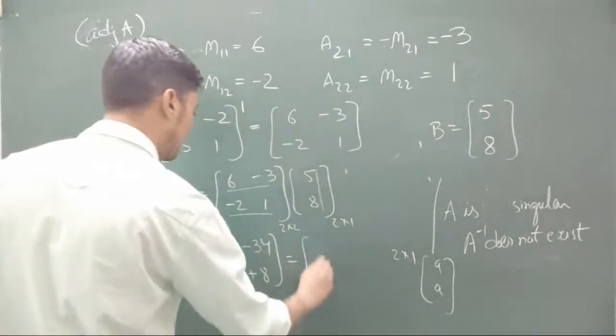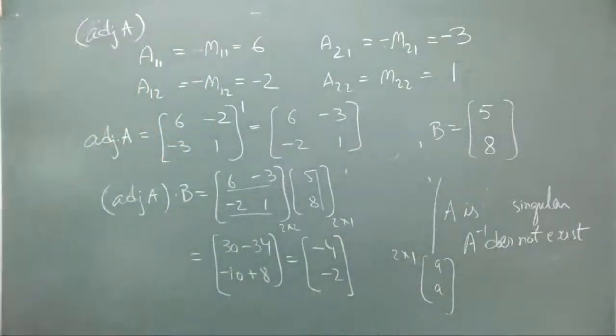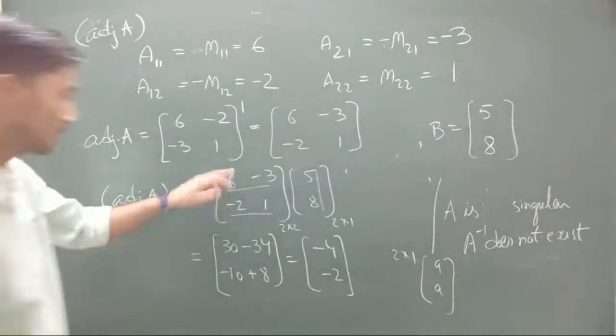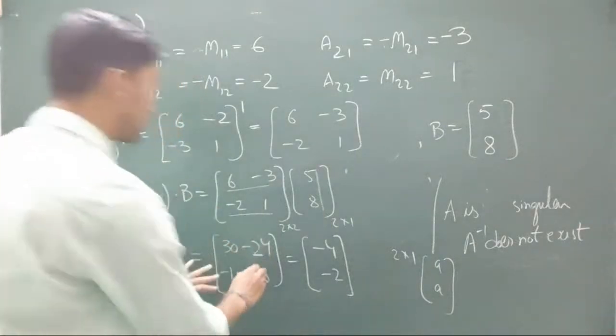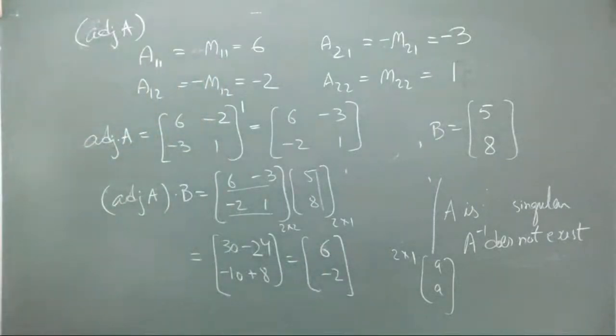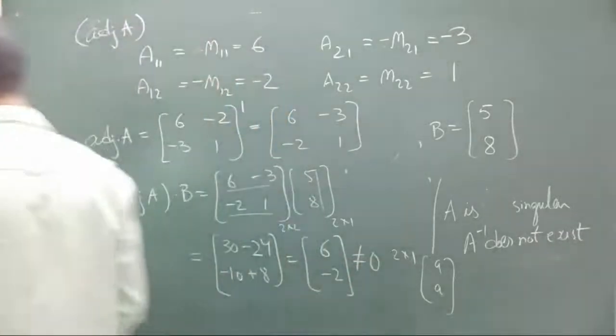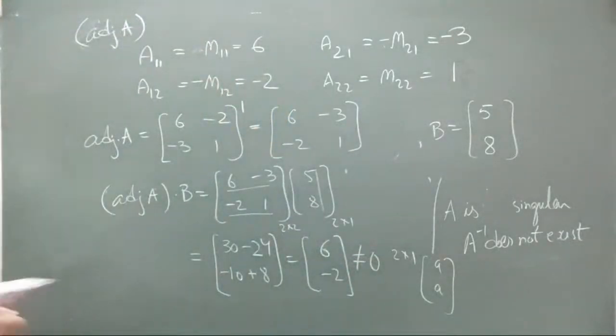So our resultant matrix is 6, minus 2. So definitely this is not equal to 0.